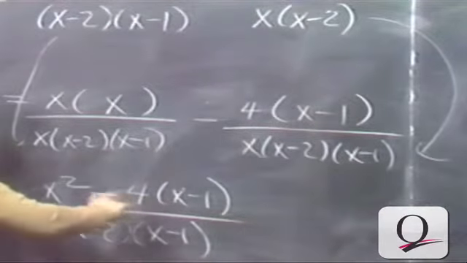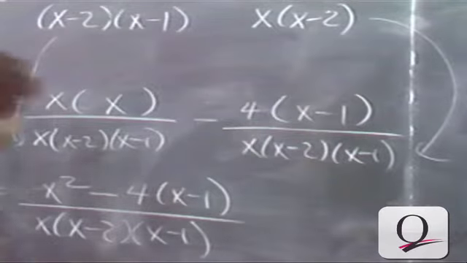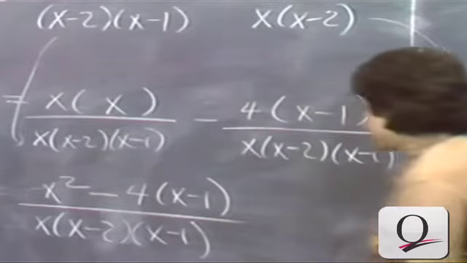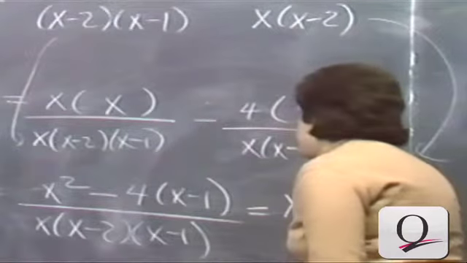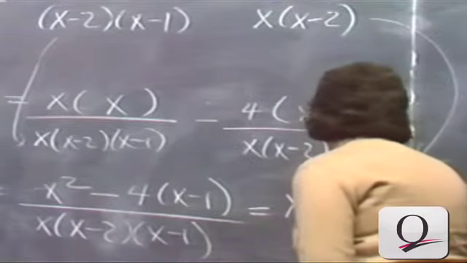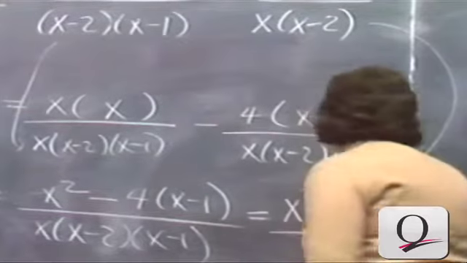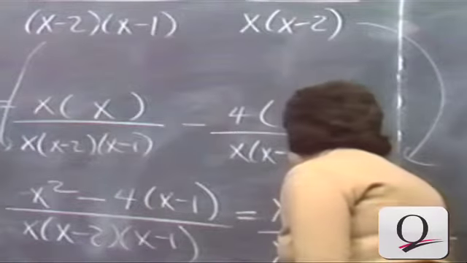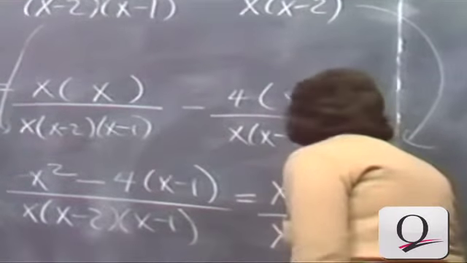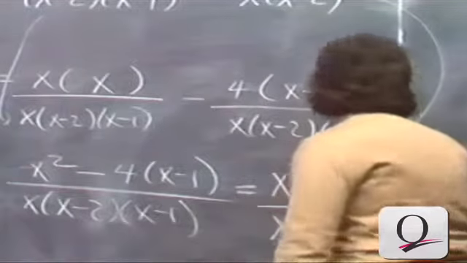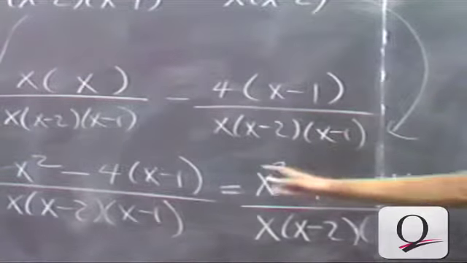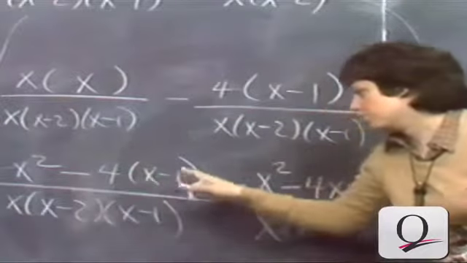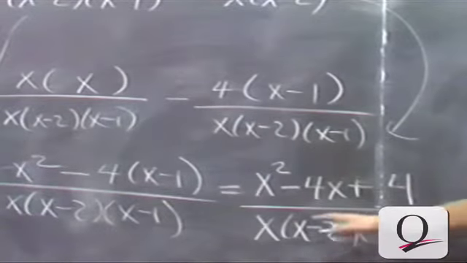To simplify, we will have to distribute the minus 4 through the parentheses here, giving us x squared minus 4x plus 4 over x times x minus 2 times x minus 1. That is x squared minus 4x, minus 4 times minus 1 is plus 4, over this.